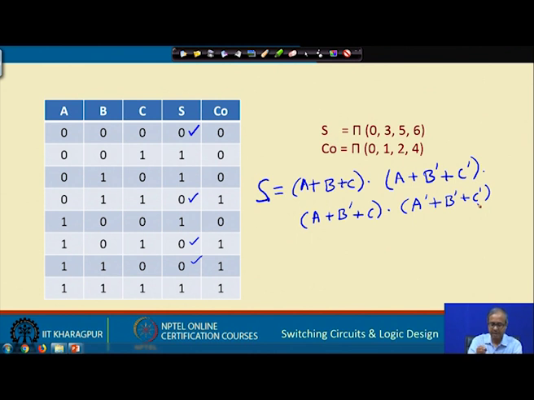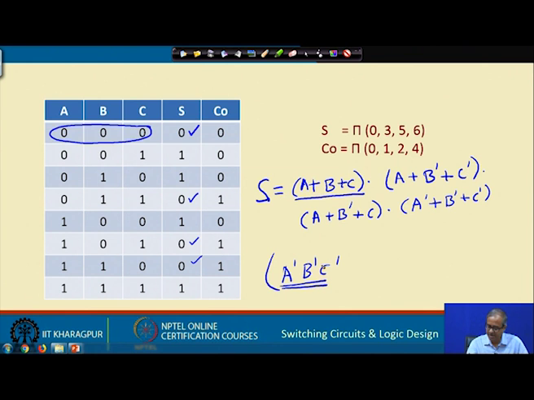You see, here we are talking about the false minterms, right. When a bar, b bar, c bar, this condition is true, a is 0, b is 0, c is 0, then sum is 1. But if either a is 1 or b is 1 or c is 1, like I write it like this, then this will be 1, right. So, it is not a bar, b bar, c bar.